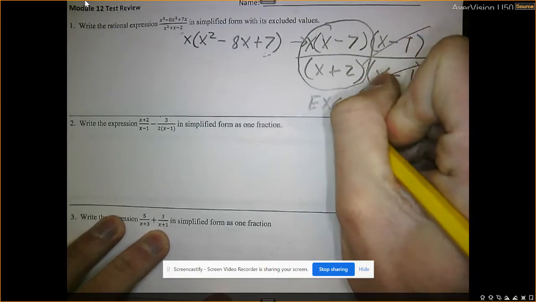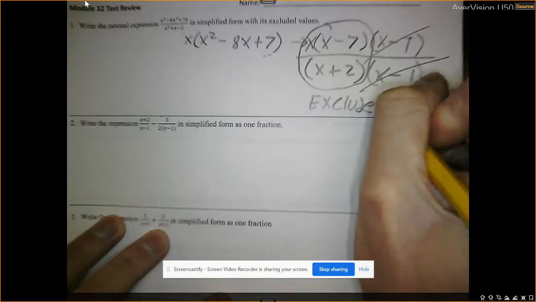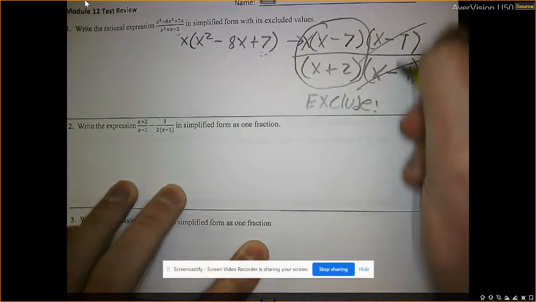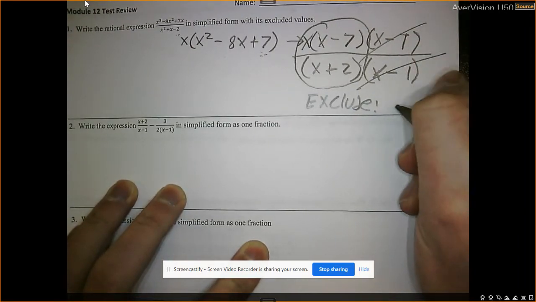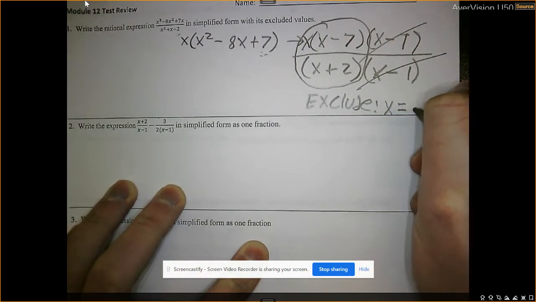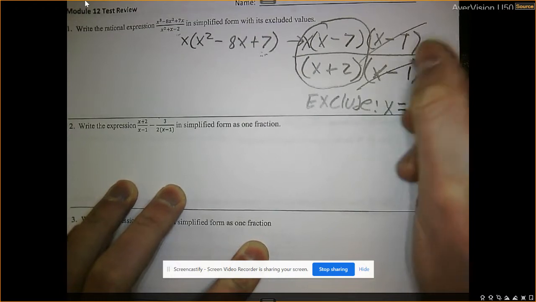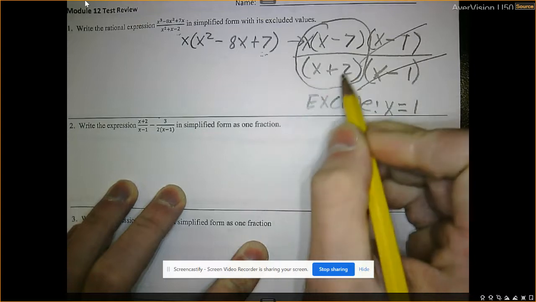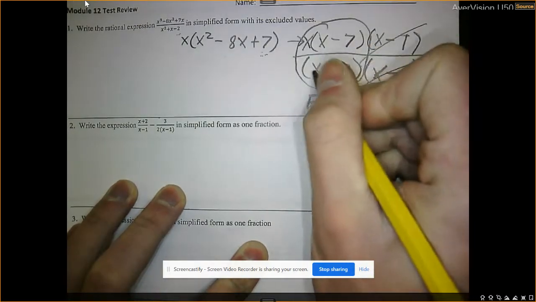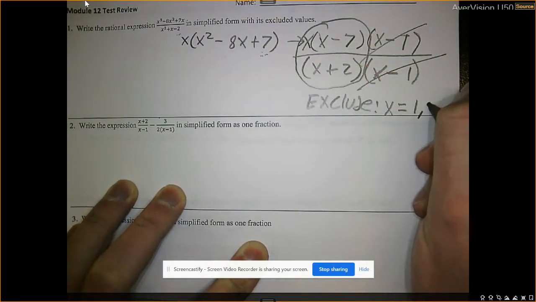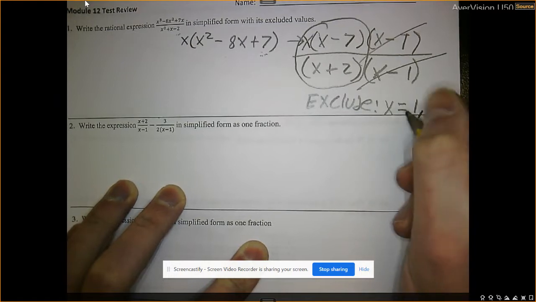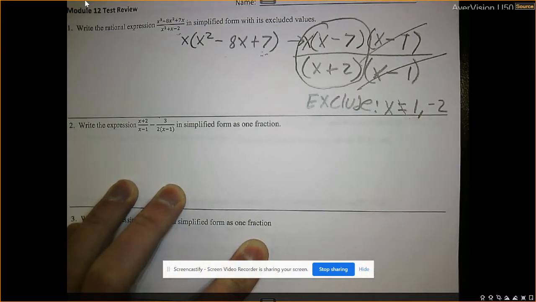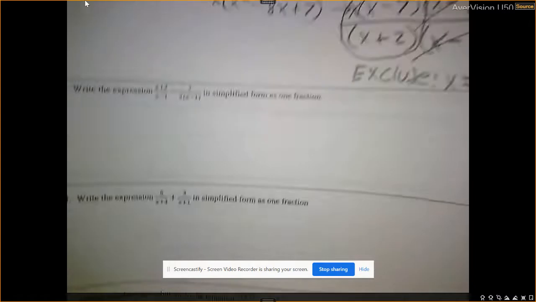Well, x cannot equal +1 because that's the whole, and also we can't have a 0 denominator. So what makes x plus 2 equal 0? That's a -2. -2 plus 2 is 0. So x cannot be 1 or -2. Okay, moving on.